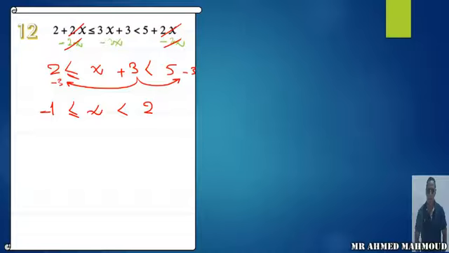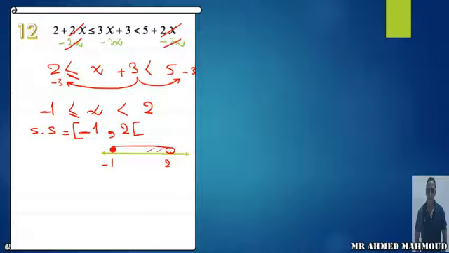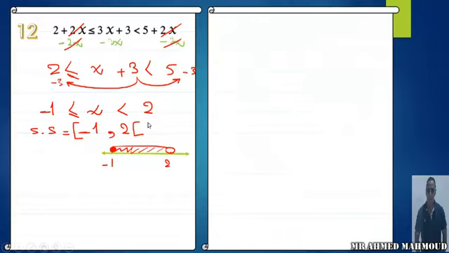Then x in the solution set equals negative 1 closed till 2 open, and the representation on the number line is negative 1 closed till 2 open, and connect between them. The next example.